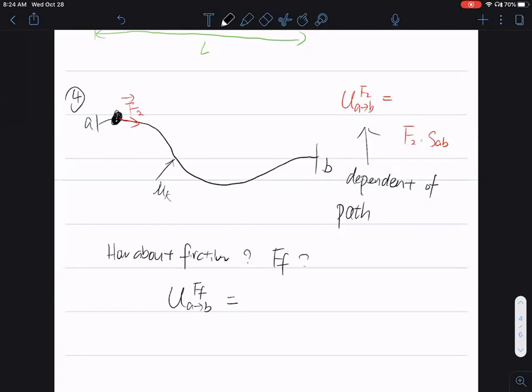If everything is on the tabletop, we're looking at the top view. So that's the top view.